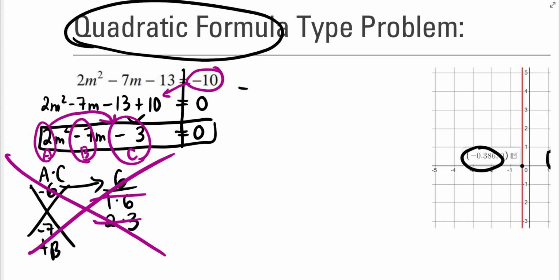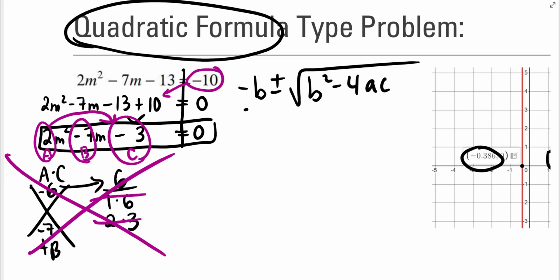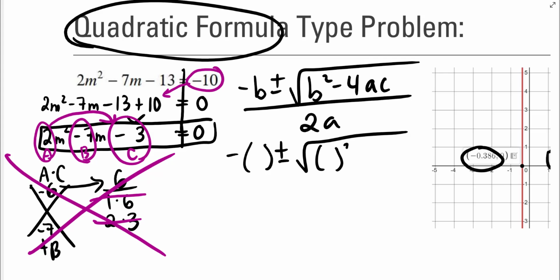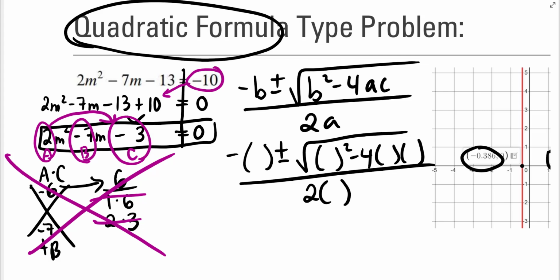So we're going to do the quadratic formula now. -b plus or minus the square root of b squared minus 4ac over 2a. Okay, anytime you see a variable here or letter, put parentheses. Okay, and now we're going to substitute.